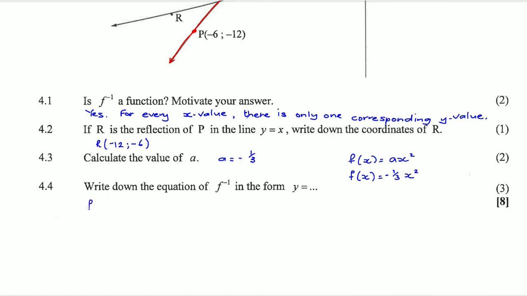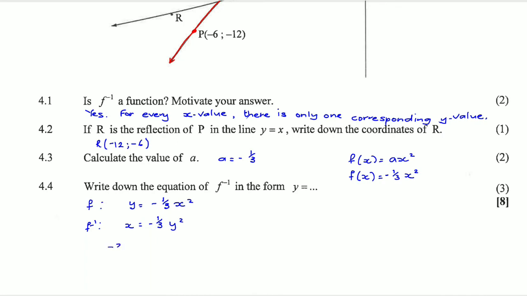And we'll write f as y equals minus 1/3 x squared. To find f inverse, we swap the x and y values around. So x is equal to minus 1/3 y squared, and we want to make y the subject of the equation, so we multiply both sides by minus 3.